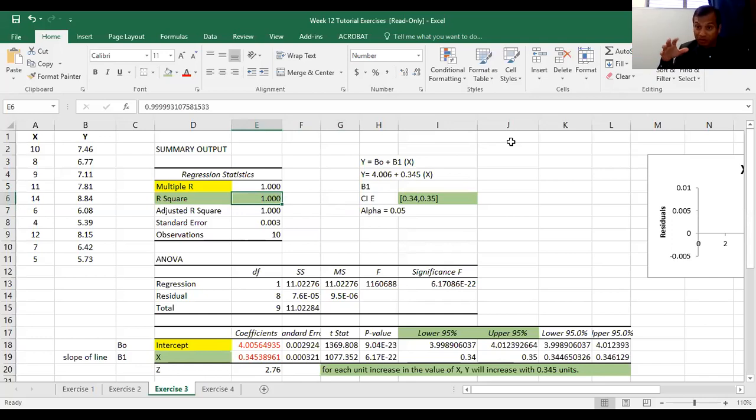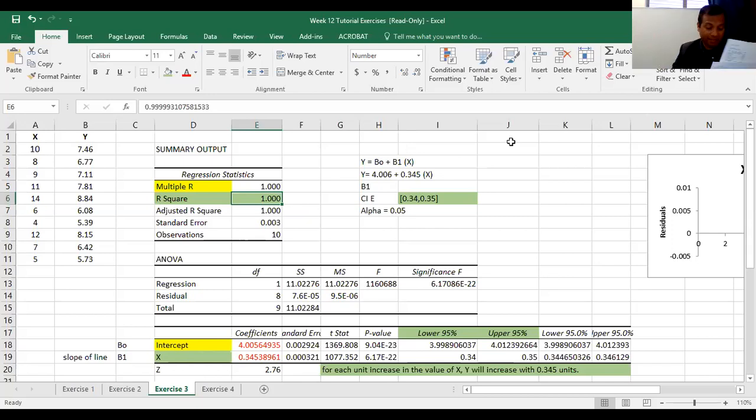So you can logically write one more sentence: thus X is a very strong predictor for Y. Or maybe market share is a very strong predictor for analyzing firm performance. Think along those lines.